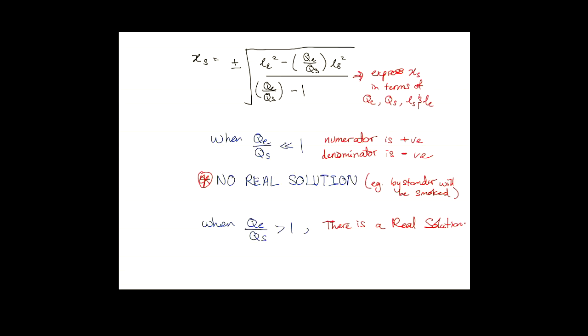Well, that's actually not quite true, because if this term is very big, what's this going to be? Negative, and then you have the same problem as well. So actually, if qe over qs is greater than le squared over ls squared, we don't have any real solution.